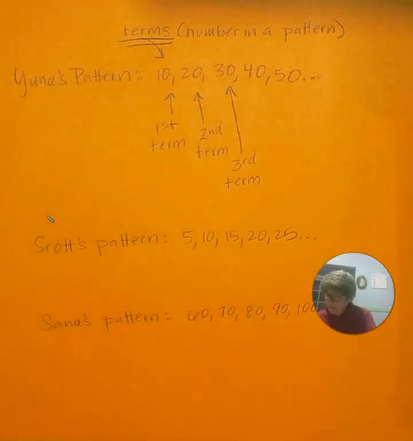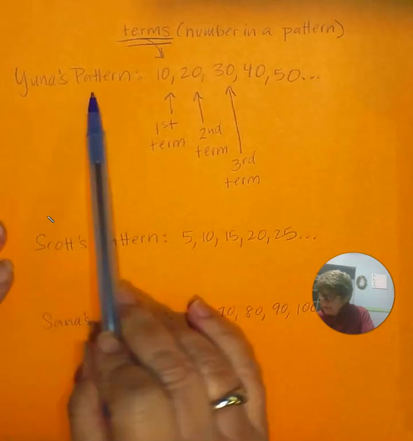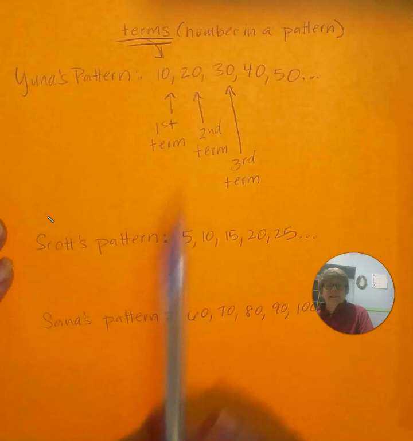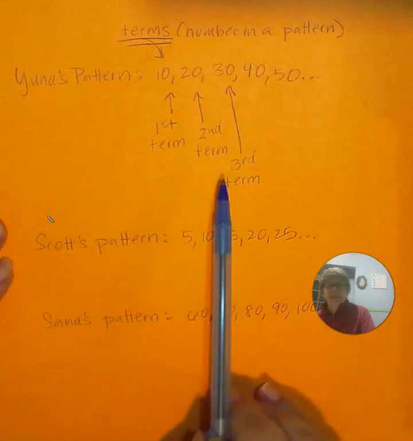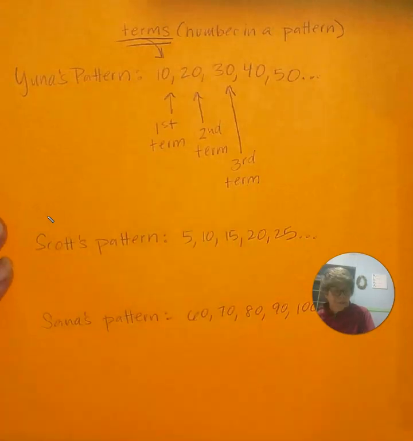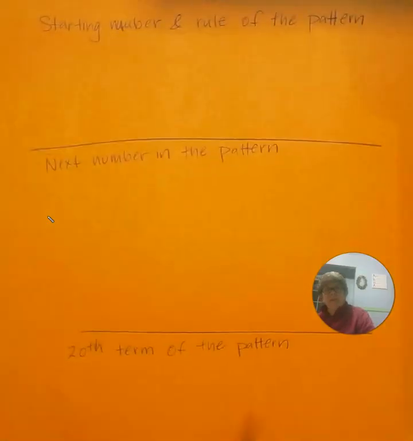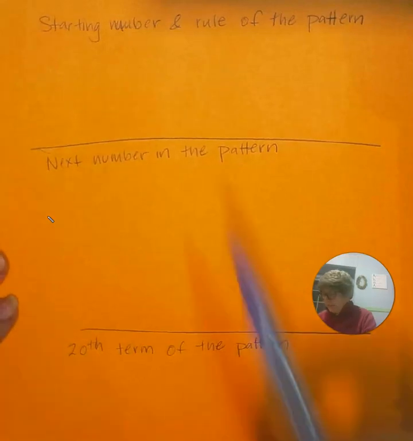And here we have Una's pattern, and the terms are 10, 20, 30, 40, 50. The first term is 10, the second term is 20, the third term is 30. If you have a whiteboard or just a piece of paper, I would like you to make this little chart where you divide it into 3 parts by drawing 2 lines.